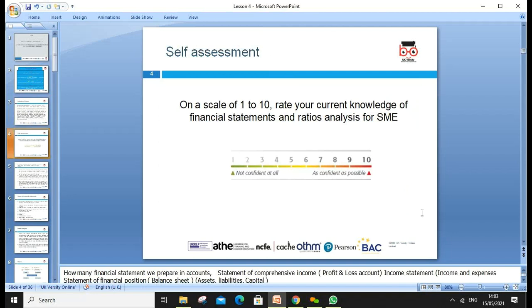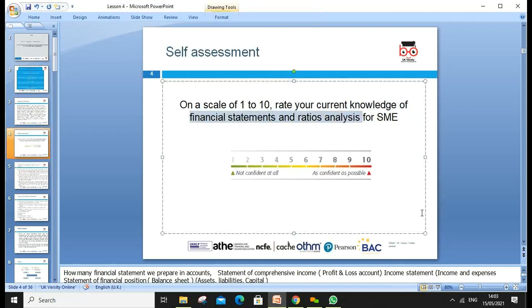Okay, current knowledge about financial ratios for SMEs. What do you think, please? On a scale of 1 to 10, how much do we know? Anyone, please?